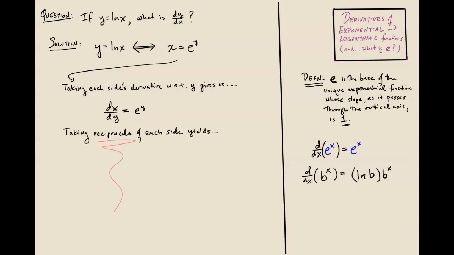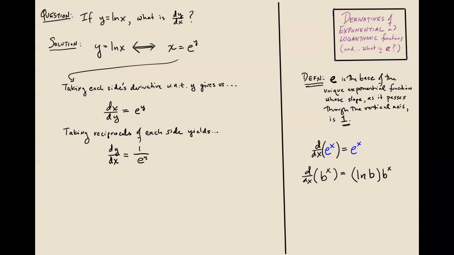Now, taking reciprocals of each side yields, on the left-hand side, the reciprocal of dx/dy is, of course, dy/dx, and on the right-hand side, the reciprocal of e to the y is just 1 over e to the y. So we've made good progress.